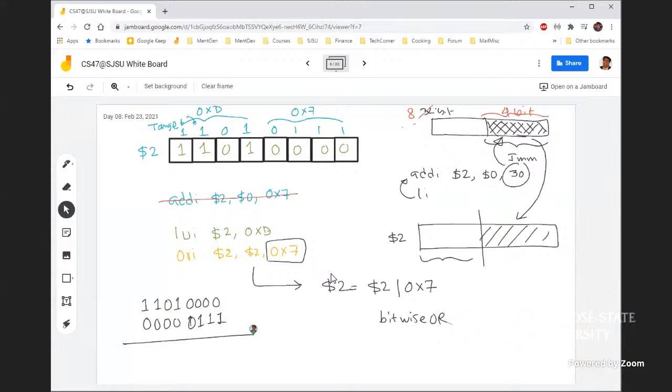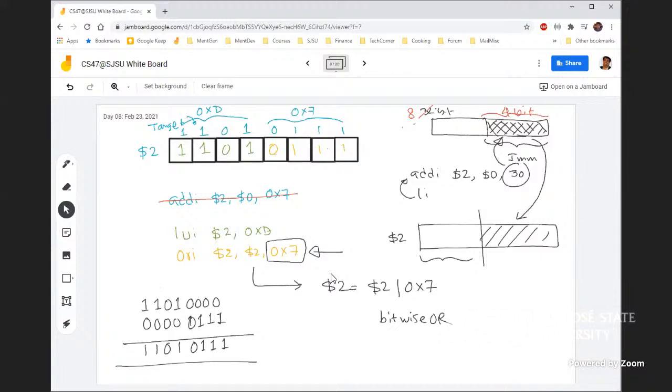Logical OR, you do, it basically becomes 1, 1, 0, 1, 0, 1, 1, 1. Right? So at the end of this instruction, the value stored in the register would become 1101 0111.